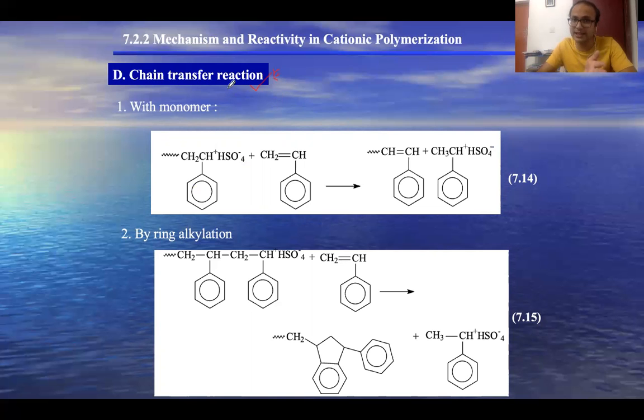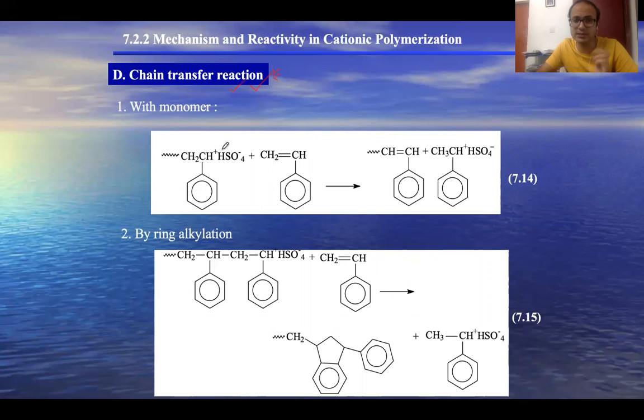We studied the drawbacks of chain reactions: they cause low molecular weight and the formation of a polydisperse sample. So this drawback occurs even in cationic polymerization.